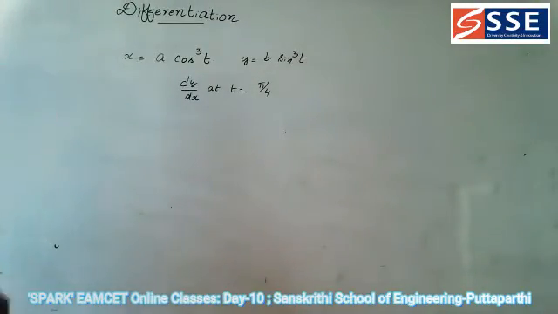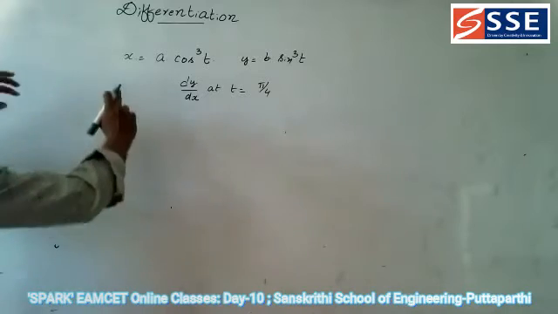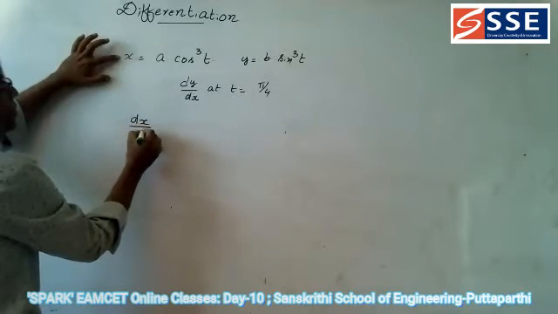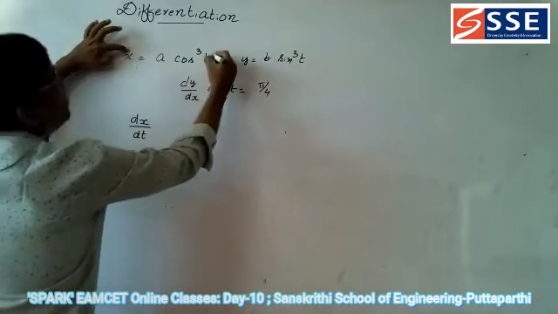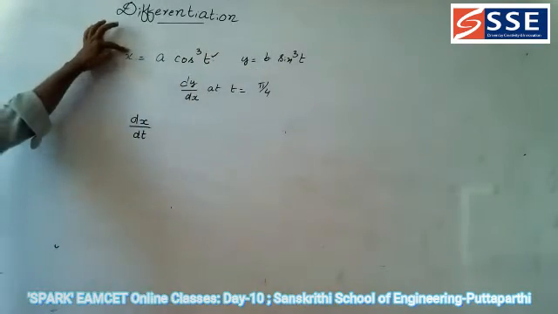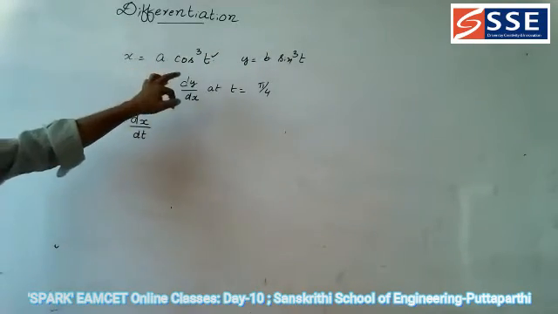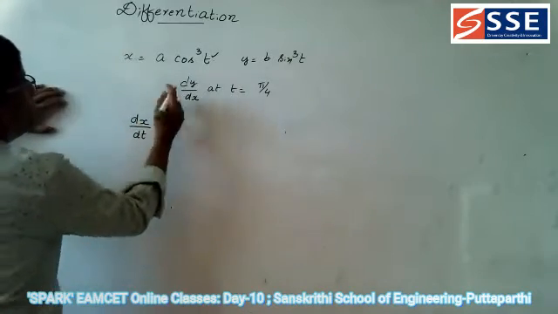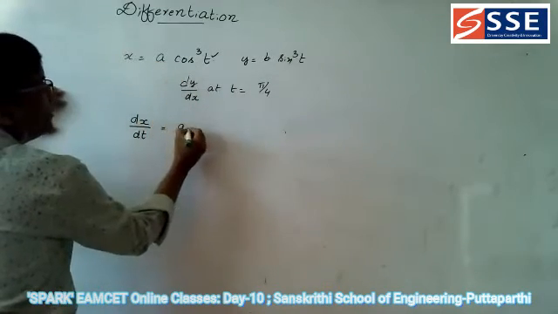Okay, now we can go for differentiating x. Differentiate x with respect to t. Why? Because x is defined in the variable t. a is a constant, so with respect to t you can differentiate it. If you differentiate, a is a constant.